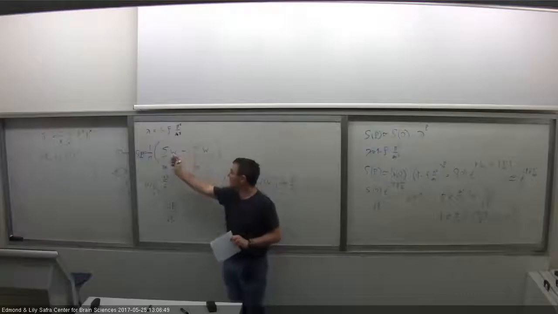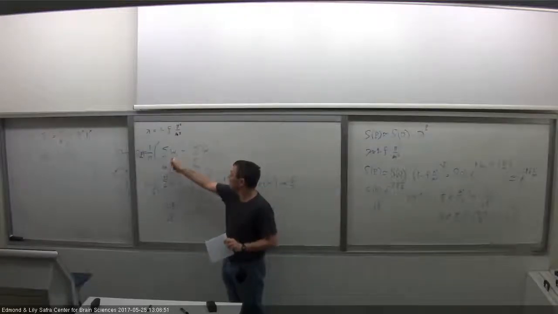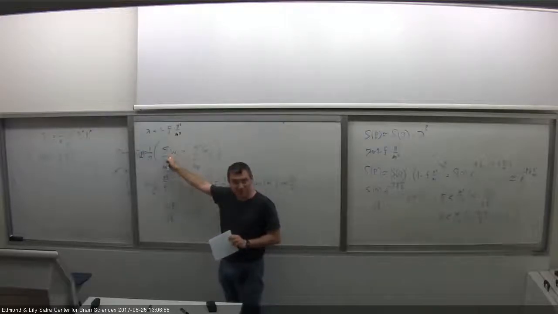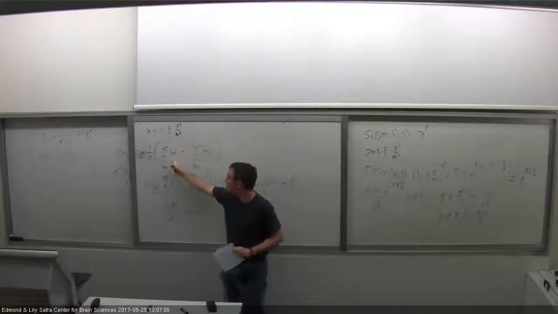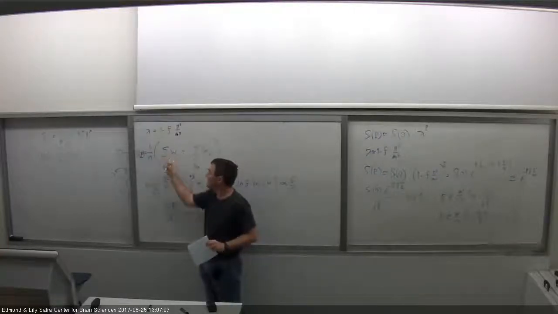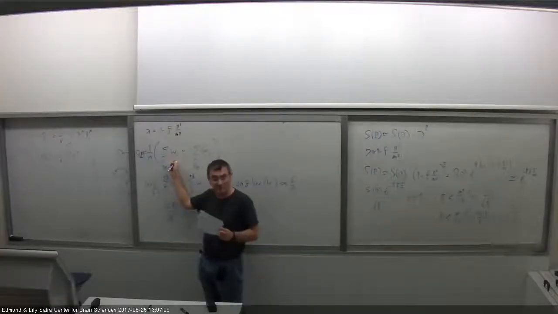So here, the number of potentiated will be on the order of f times n. The number of depressed will be on the order of f times n. And the change in potentiation will be on the order of 1 over m. So you have f over m with a factor of 2, 2f over m.